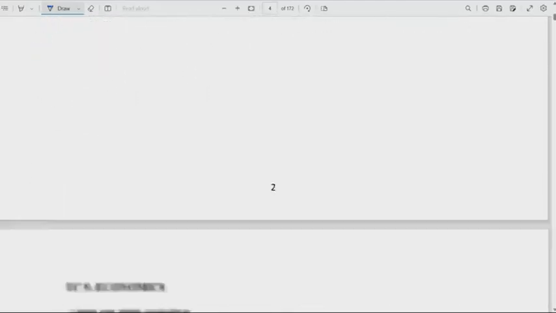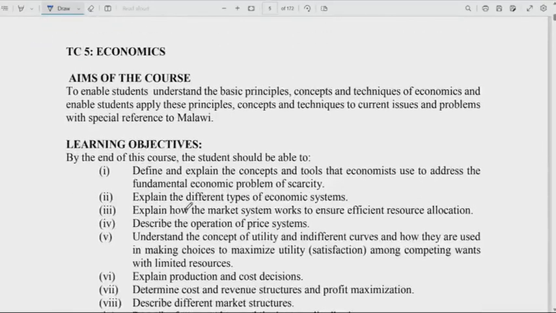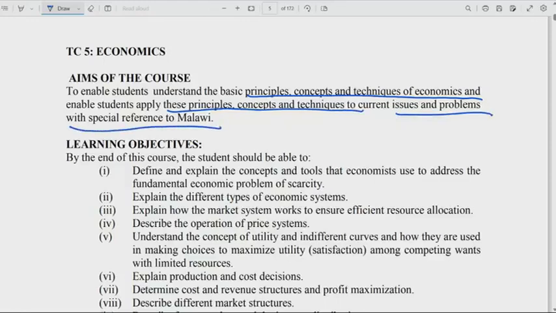All right. Now, let's look at what is the aim of this course, TC5. So, the aim of this course is to enable you to understand the basic principles, concepts and techniques of economics and enable you to apply these concepts, principles and techniques to current issues and problems with special reference to Malawi, right?